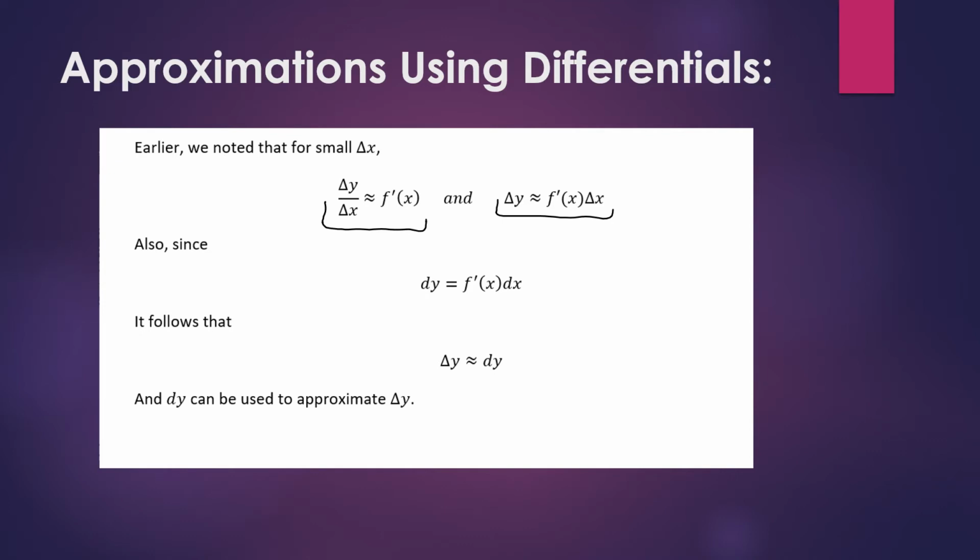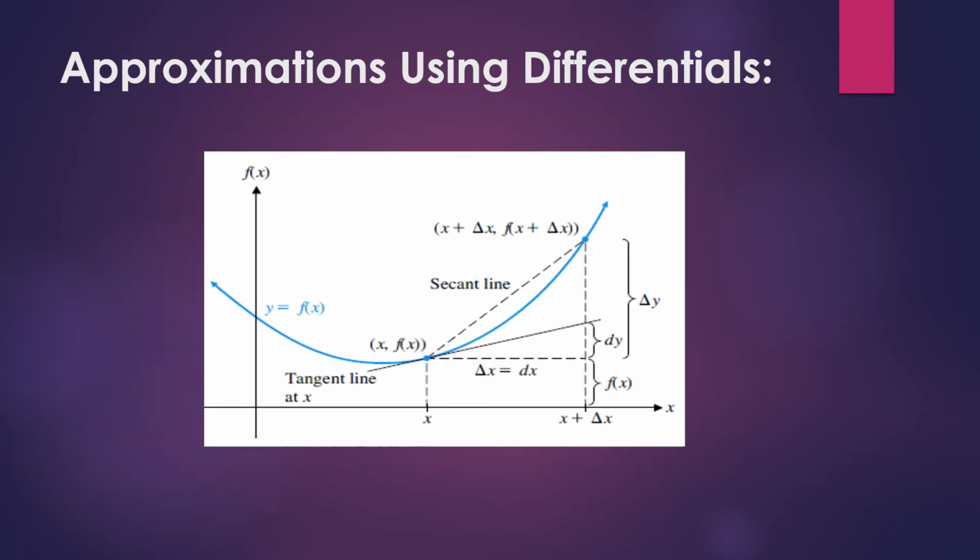This is very similar to our differential dy equals f prime of x dx. So we can say that delta y is approximately dy. Again, the smaller our delta x gets, the closer we are to dy. We can say that delta y and dy are similar for this very reason.